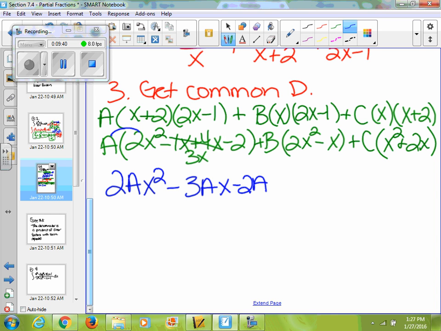If I distribute my b to my 2x squared, I get plus 2bx squared. If I distribute my b to my x, I get minus bx. And if I distribute my c, I get cx squared plus 2cx.